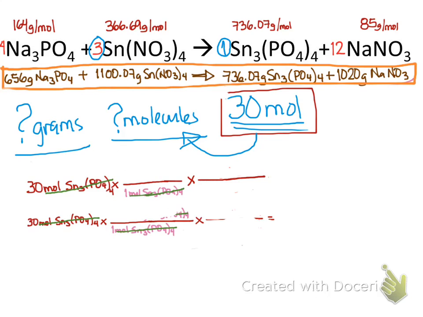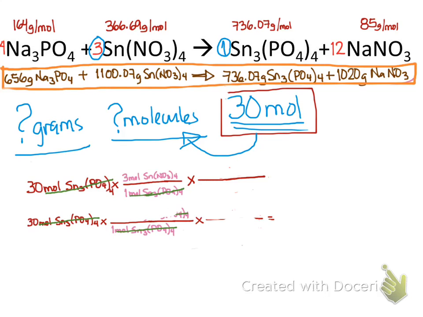So I can say that 1 mole of tin phosphate equals, or is equivalent to, 3 moles of tin nitrate. Yes? That is what I have with the coefficients.